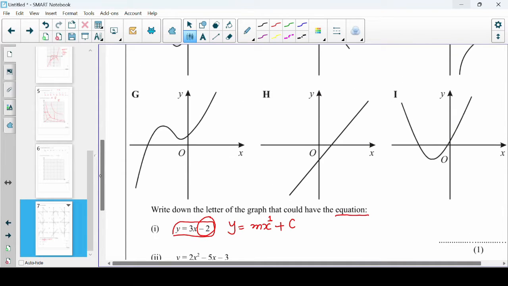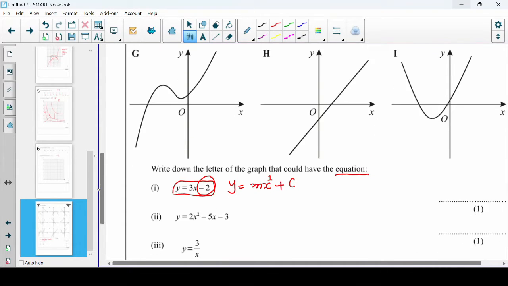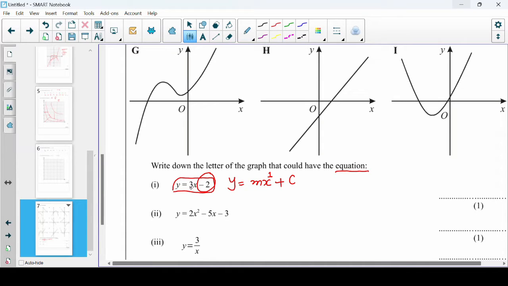So we should look for graphs which are a straight line and a positive line as well. We see positive 3x. This shows that it's a positive line and this line is crossing the y-axis at negative 2.